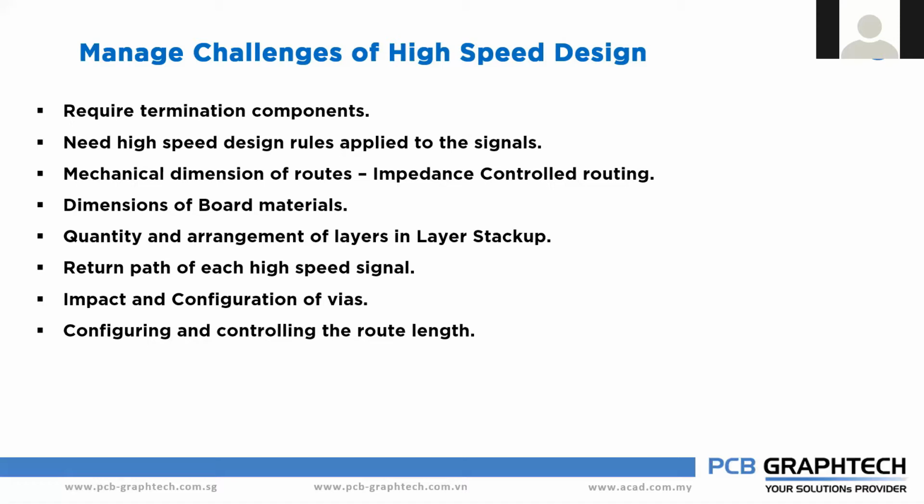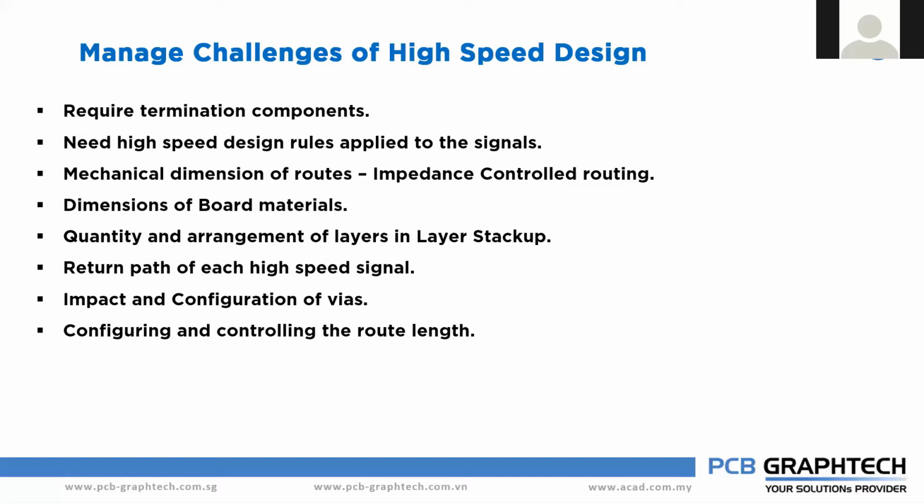If you use vias, there will be a lot of problems like reflections and crosstalk, because the vias normally pass from the top layer to the bottom layer. Also, we can control your route length by using length matching or length tuning. So these are the methods used to manage the challenges of high speed design.